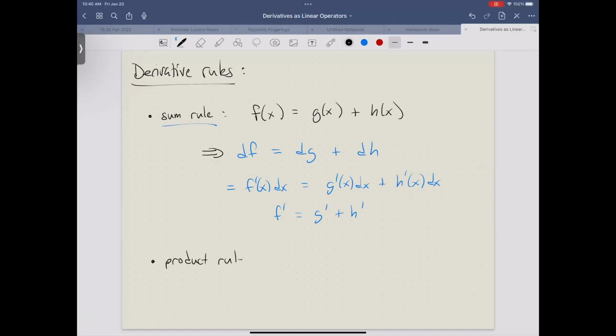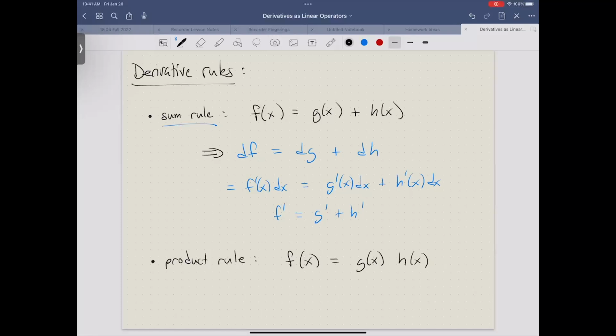This one starts to be a little bit more involved. I'll write it out first. Suppose you have f of x equals g of x times h of x. So these have to be things you can multiply, obviously. They could be two numbers, or they could be two matrices of the right size. They can't be two column vectors, at least not with the ordinary multiplication. I'm just doing multiplication here.